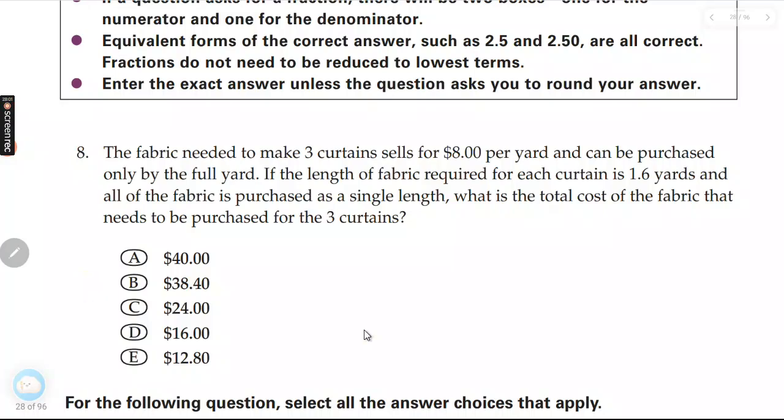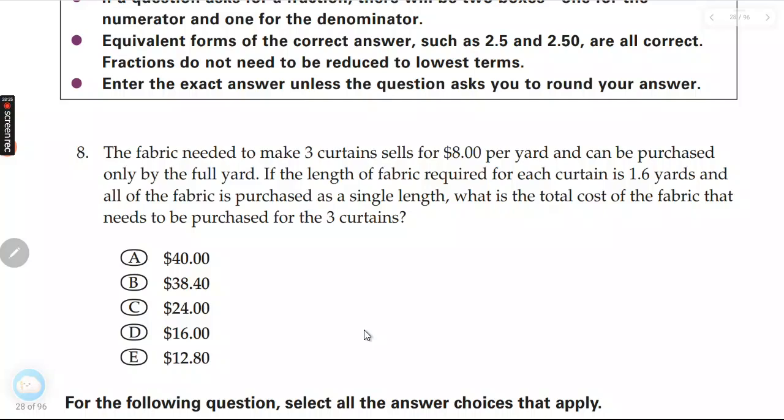Yes, I am. It is 24. Can you explain? They've already said that if the length of the fabric, so you're going to ignore the length of the fabric. Because all they are telling you is that fabric needed to make 3 curtains is 8 naira per yard and can be purchased only by full yard. So the length of the fabric is not significant.